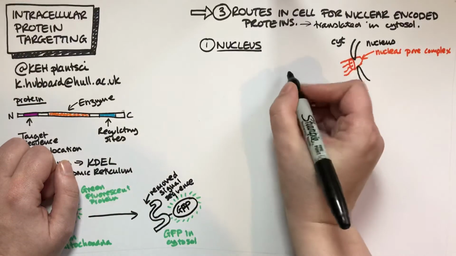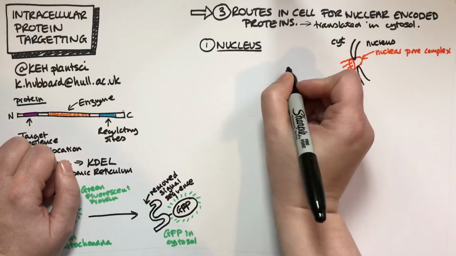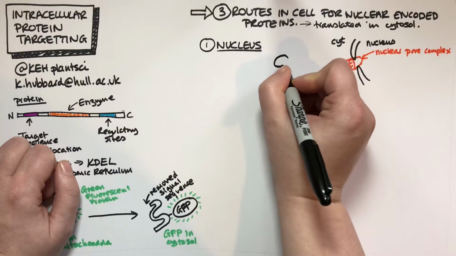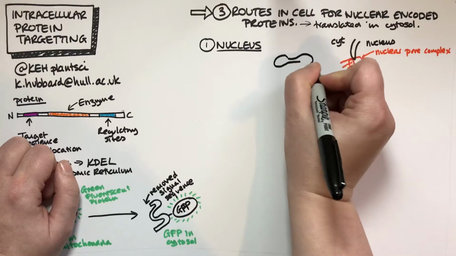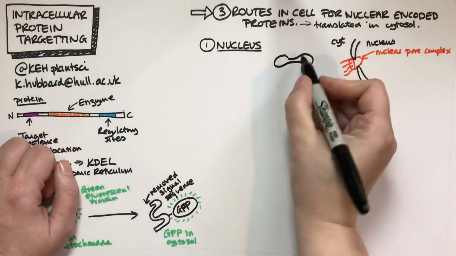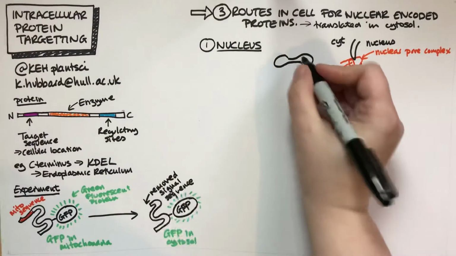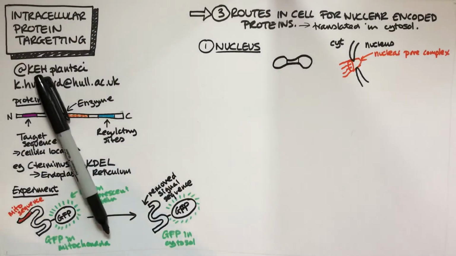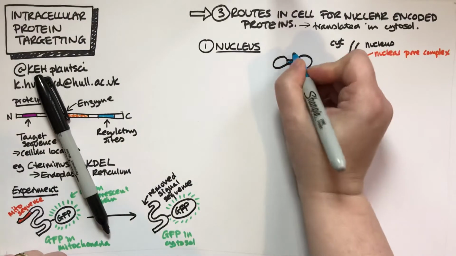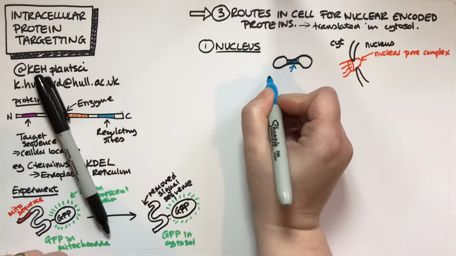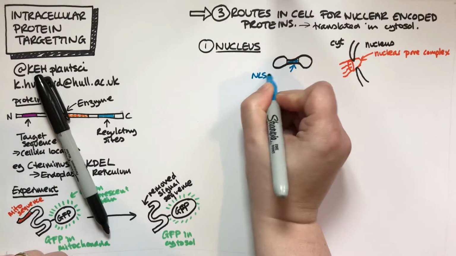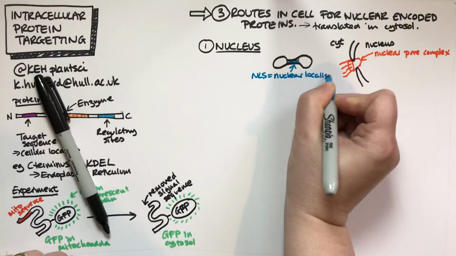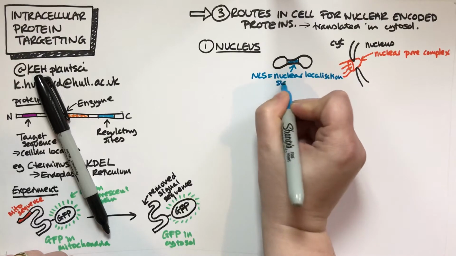Okay? So if we are going to be a protein that goes into the nucleus, we might have a protein like this. So there's a bit of protein, it's a bit in the middle. So I've got a protein like there. And what we would have in a nuclear protein is one of these signalling sequences. So that would be what's called an NLS, because a nuclear localization signal.